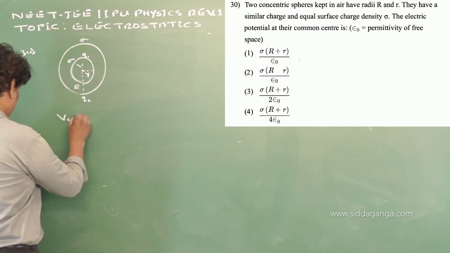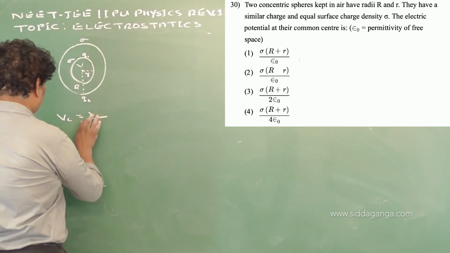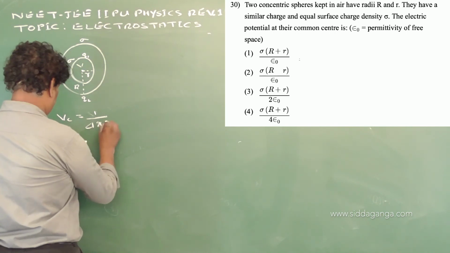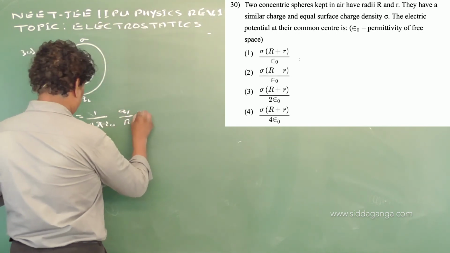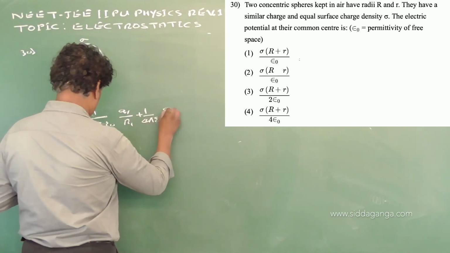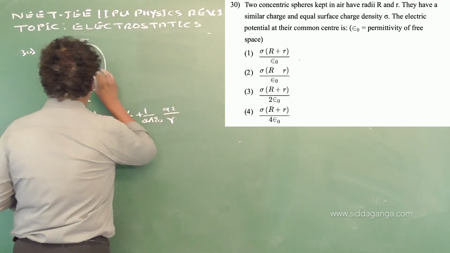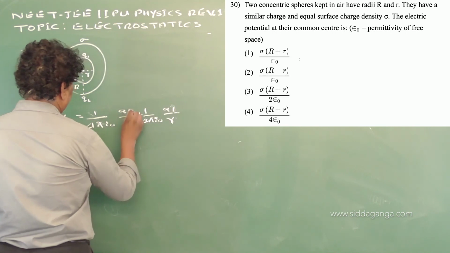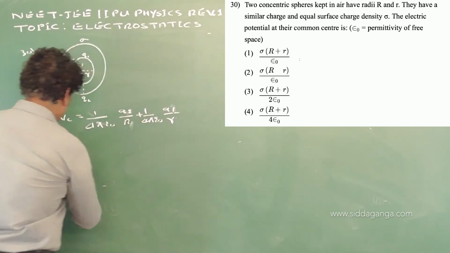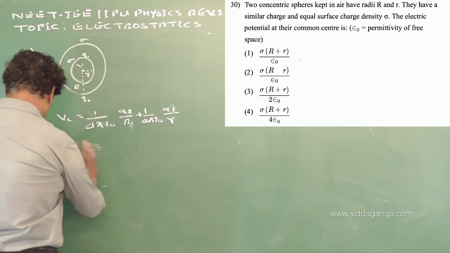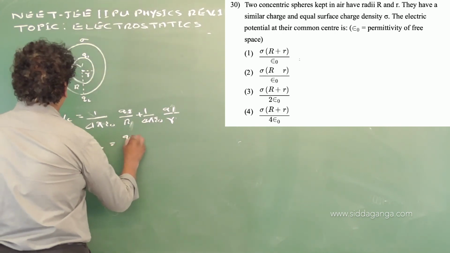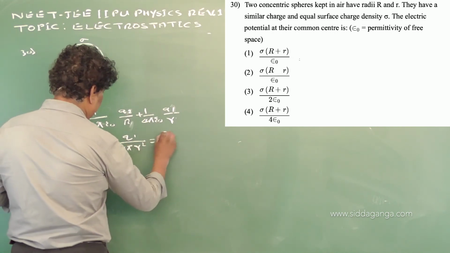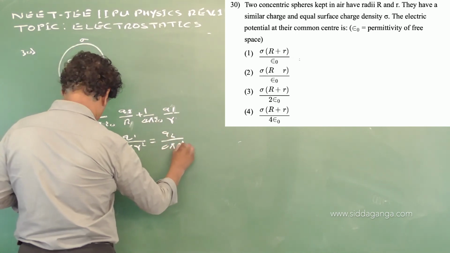Potential at the center is 1 over 4 pi epsilon naught q1 by r plus 1 over 4 pi epsilon naught q2 by R. But sigma is equal to Q1 by 4 pi r square, which is equal to Q2 by 4 pi R square.